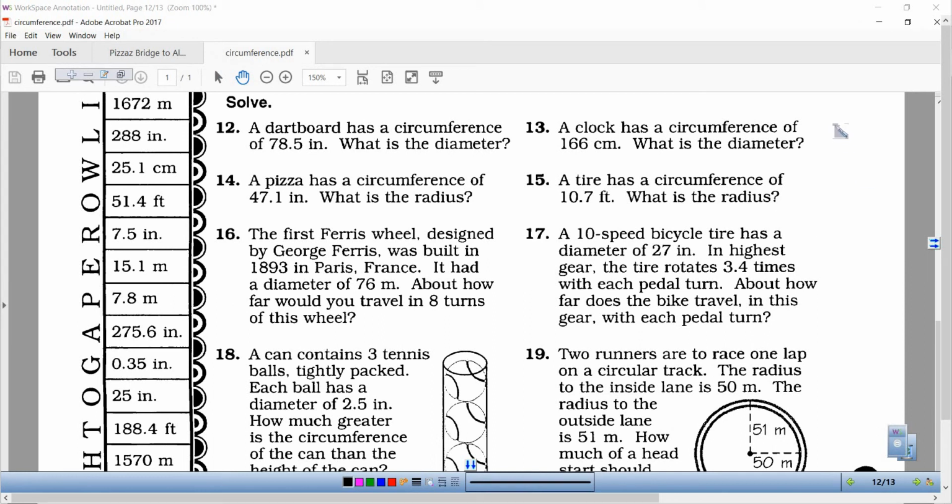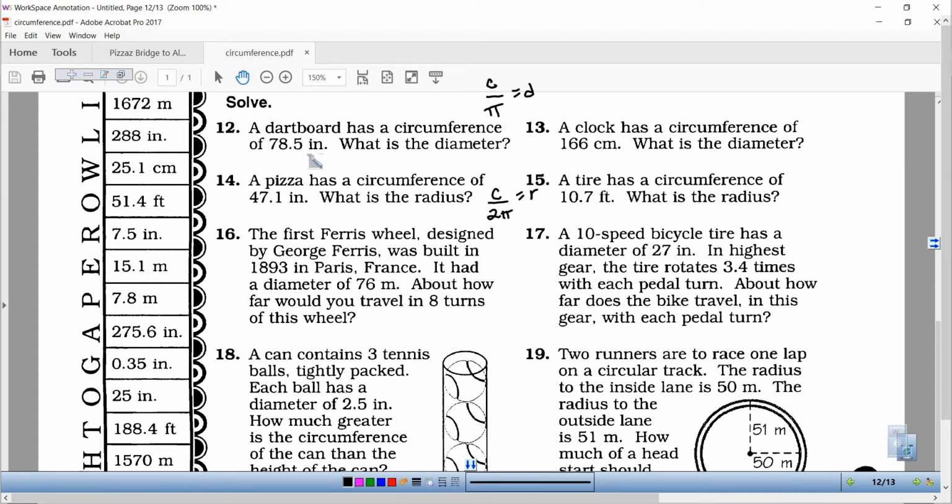For these top 2 problems, for 12 and 13, to get the answer, we're going to do C divided by pi to give us D. And for 14 and 15, C divided by 2 pi is going to give us R.